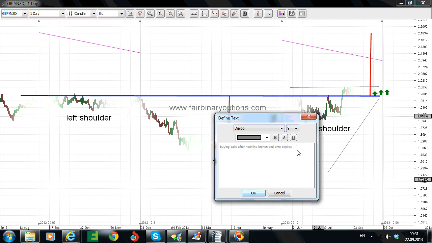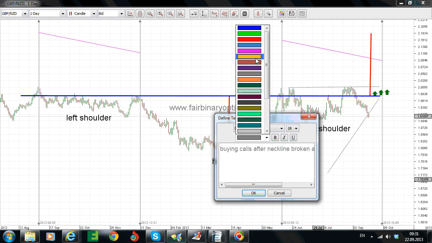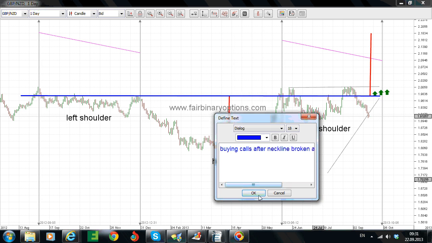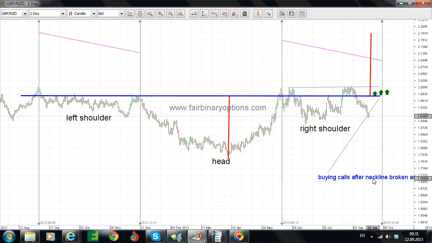Now this is a daily chart, so it doesn't necessarily mean that you will buy calls based on the daily chart, but the principle should be the same on every time frame and on every head and shoulders and inverse head and shoulders that you see. Whenever you have your neckline, a head, a left shoulder, a right shoulder, by the time the time element expires, then look to buy calls for diverse expiration dates. There is a strong tendency for price to retest the neckline after breaking.